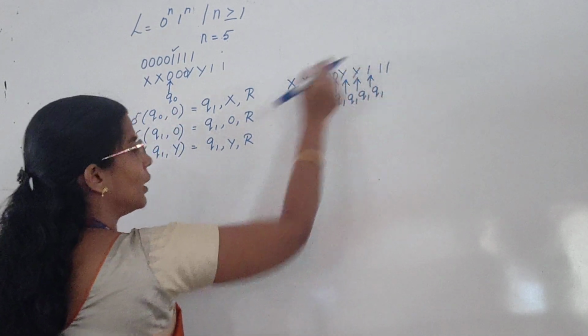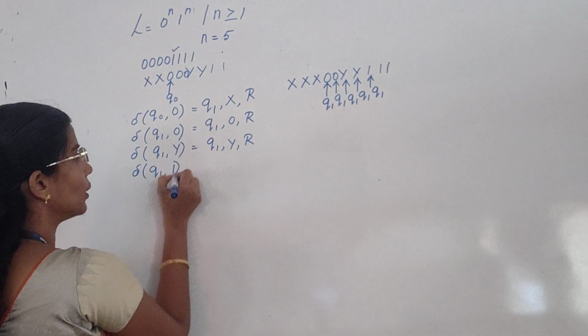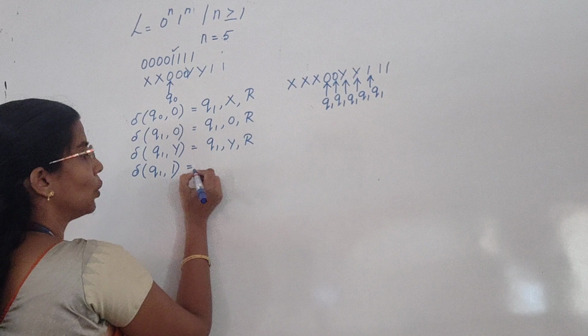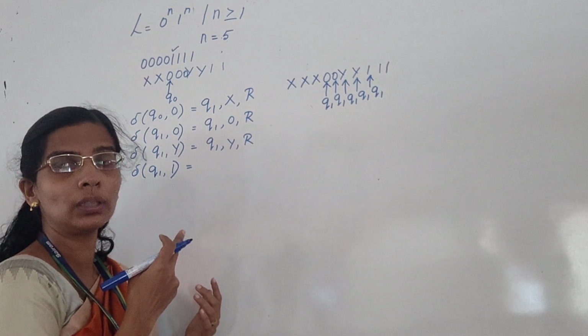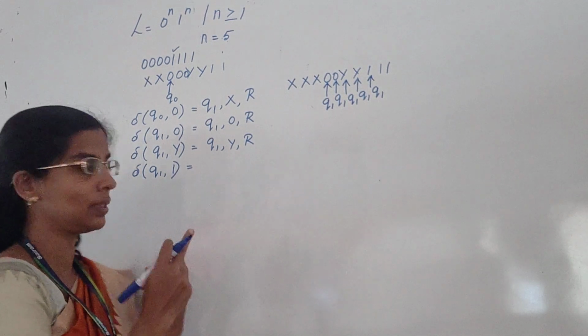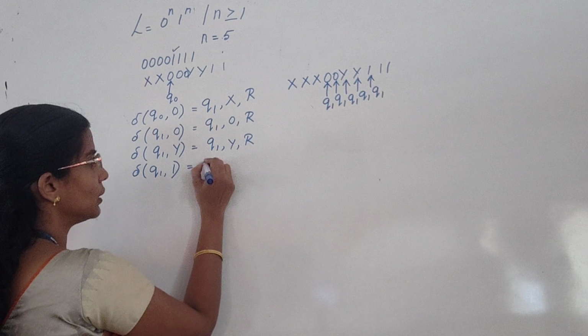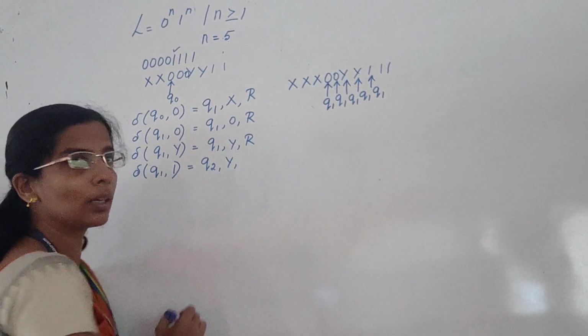Now Q1 is reading 1. Delta of Q1 reading 1, which is equal to, 1 has to be replaced with y. I have to make a replacement, so I have to make a state change. Q1 is changed to Q2, 1 is replaced with y.